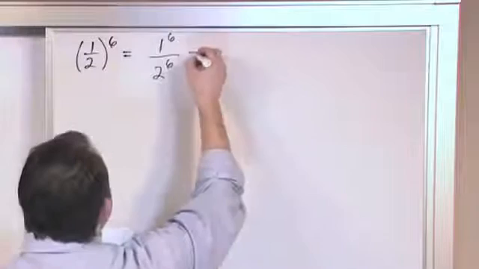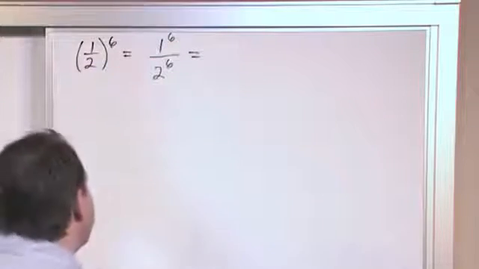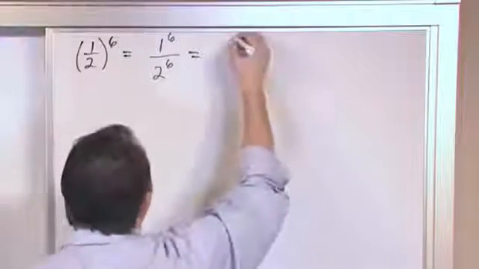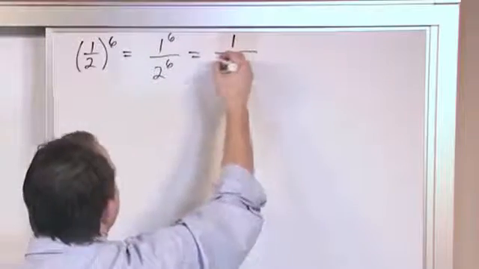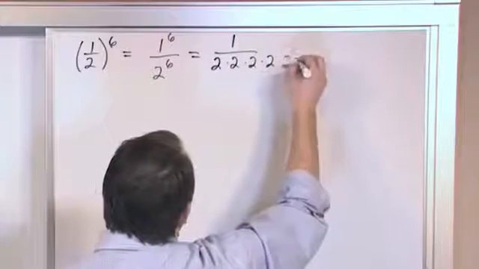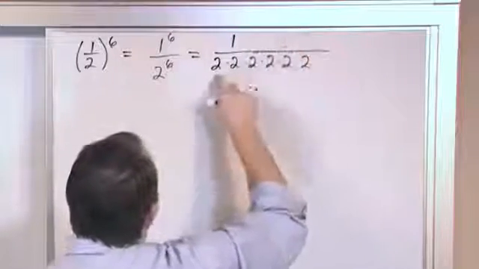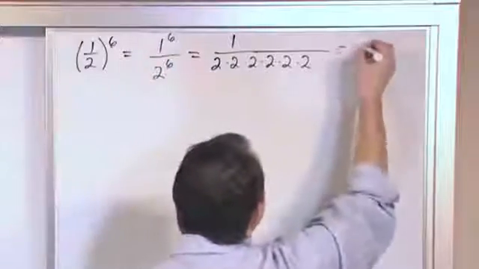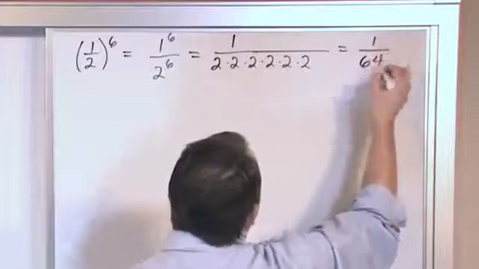So on the top, what do you think 1 to the 6th is going to be? It's 1 times 1 times 1 times 1 times 1 times 1, so we get 1. On the bottom, 2 times 2 times 2 times 2 times 2 times 2, because we're multiplying the 2's together 6 times. And when you do that in the calculator, you get 1/64.